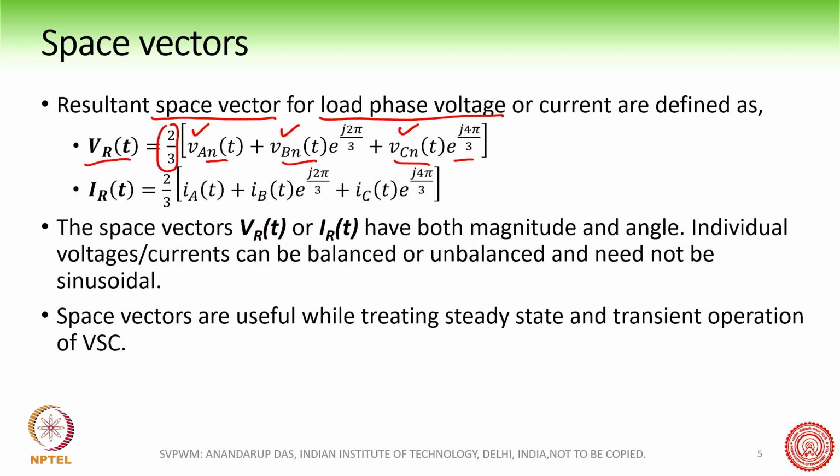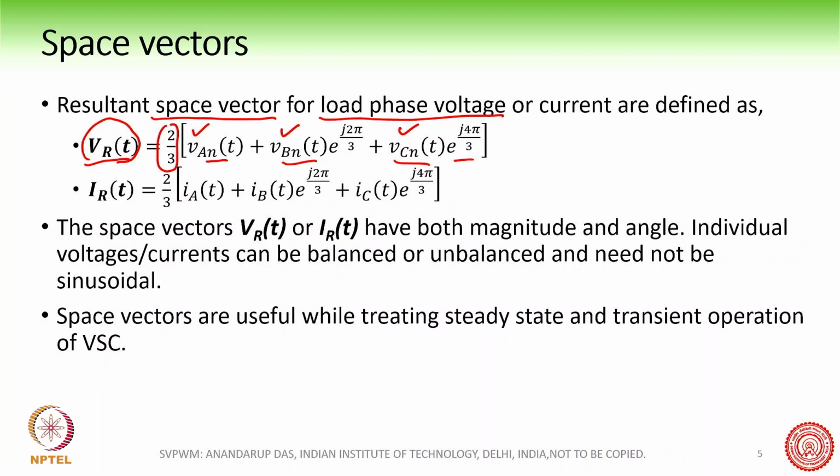So we see that these three quantities V_AN, V_BN and V_CN are combined together in this expression to form the resultant. The resultant has both magnitude as well as a direction, so it's a vector.